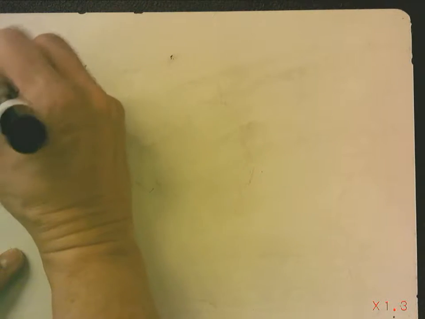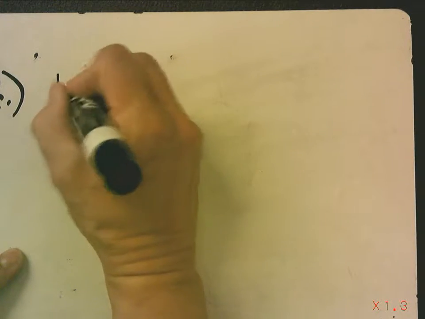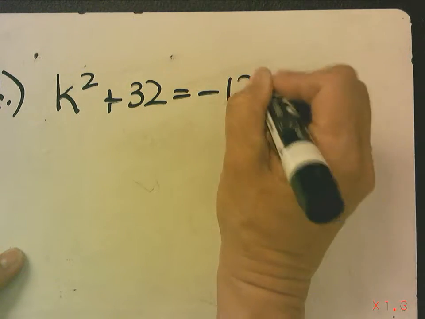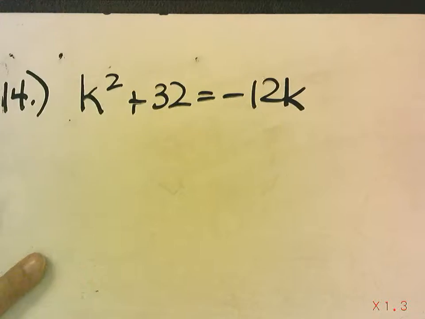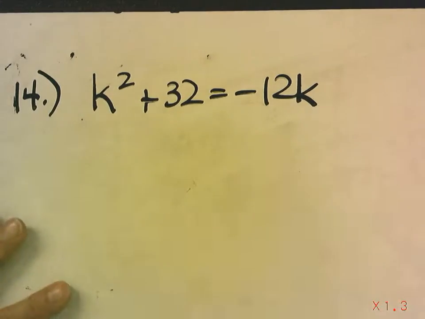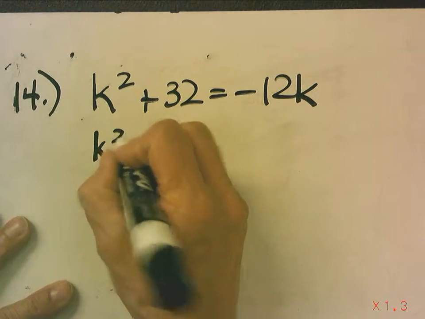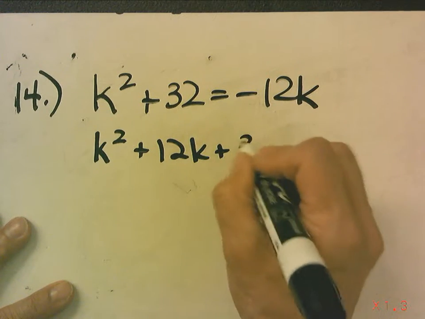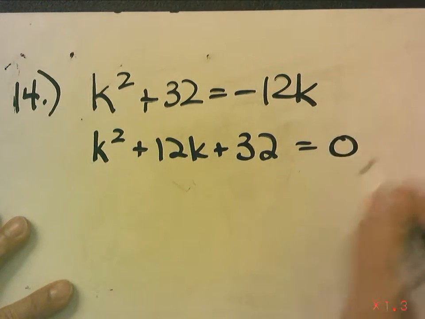Now, number 14 is k squared plus 32 equals -12k. And the directions here are solve by factoring. So first, I'm going to apply the zero product property rule and put everything on one side and set it equal to 0.